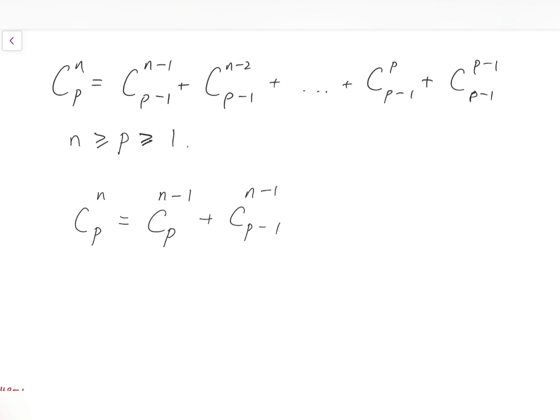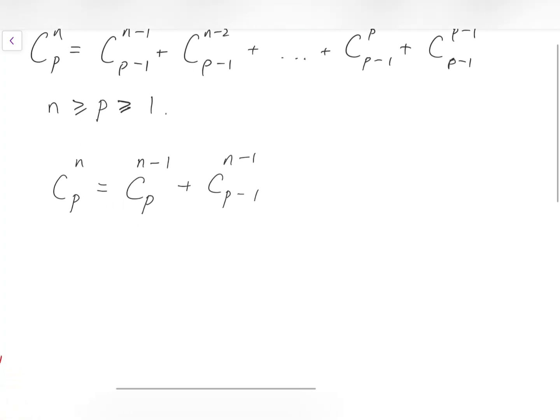Firstly, this can be explained by how we choose objects from n objects. So we have a1, a2, all the way up to an, and we have to choose p items among them. So the number of ways to choose them is equivalent to splitting into two cases.